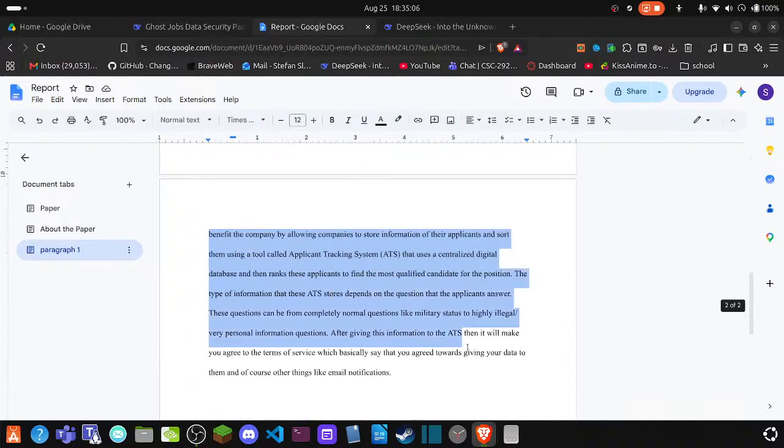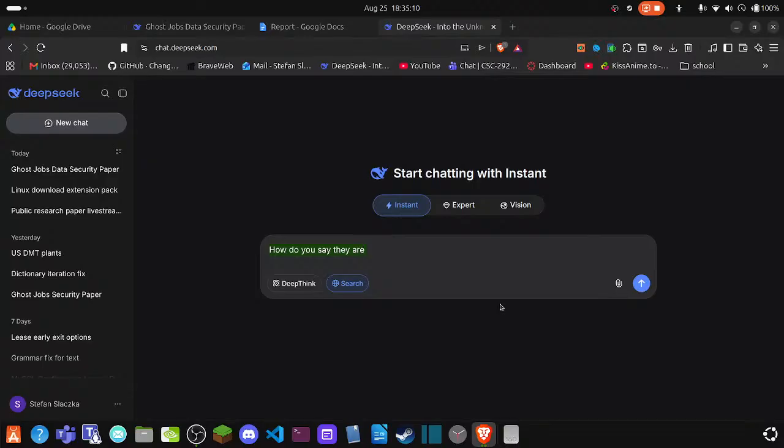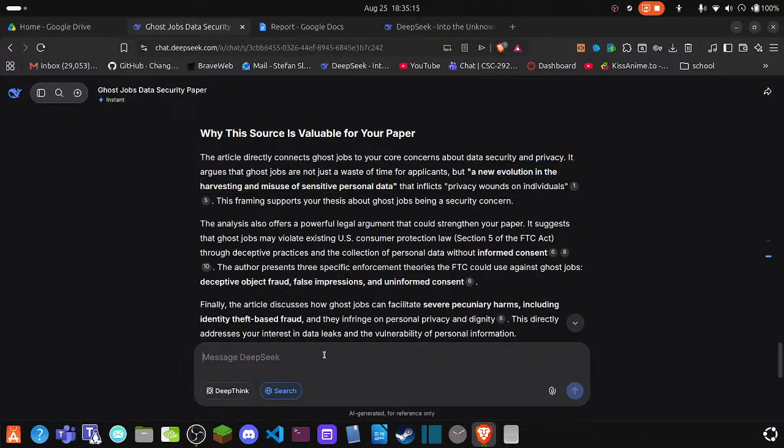Okay, so I'm gonna ask ChatGPT what I can do better with this, my first body paragraph, and what can I do to improve this?